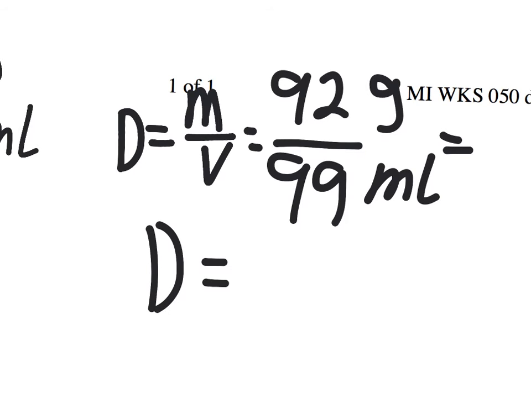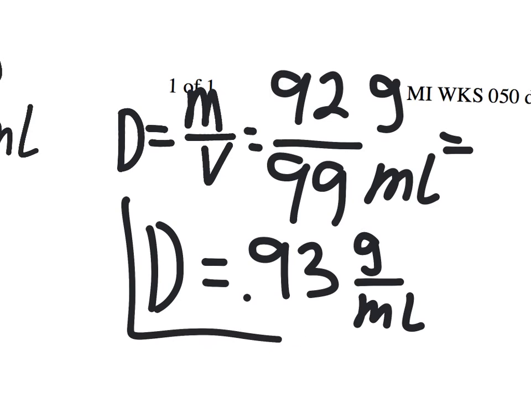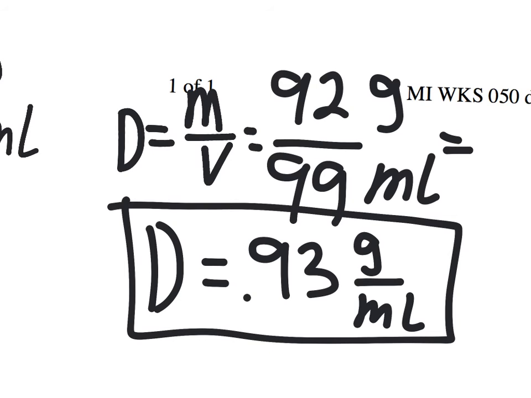So our density equals, so when I divide 92 by 99, I get 0.929292 repeating, and that I'm just going to round to 2 sig figs, so it'll be 0.93, and check it out, I've got grams over milliliters, and so I label my answer grams divided by milliliters. So that's my final answer for the warmer temperature.